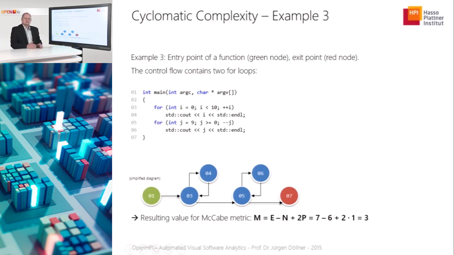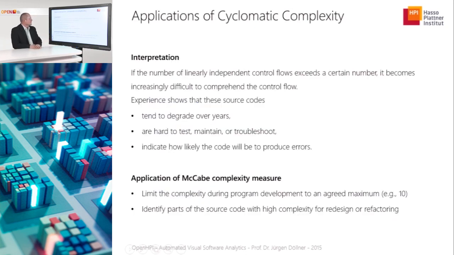What we see from these examples is that all potential flow patterns through a code unit are represented by the formal flow graph, and the cyclomatic complexity results from analyzing the number of nodes and edges of this flow graph.